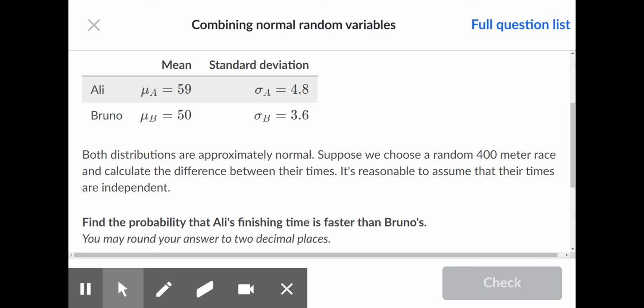So if you do the algebra here, it's A minus B less than 0.